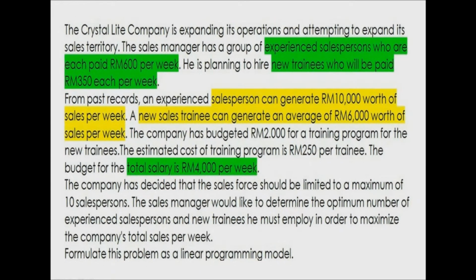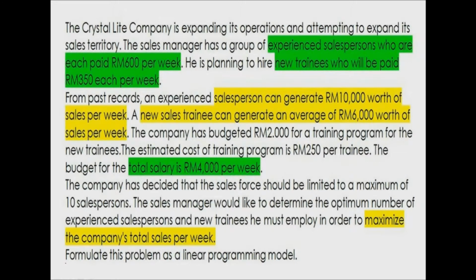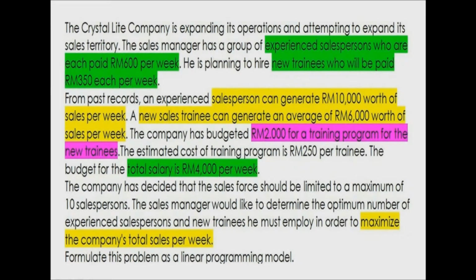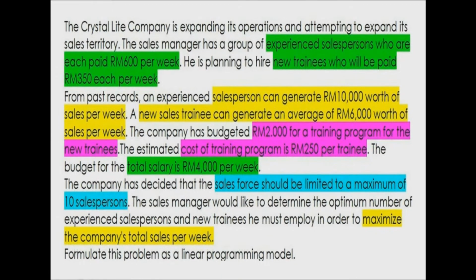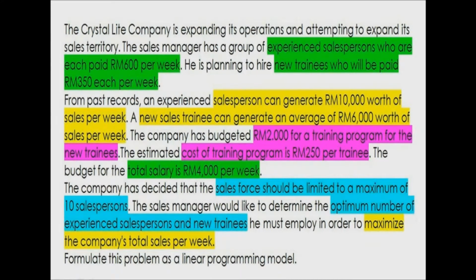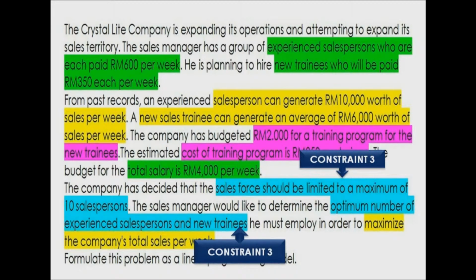The sentence with the yellow highlight represents the objective of the question. The purple highlight sentence represents the second constraint. And lastly, the blue highlight represents the third constraint. After we have defined all the constraints and the objective, we have to write it in a modeling formulation.